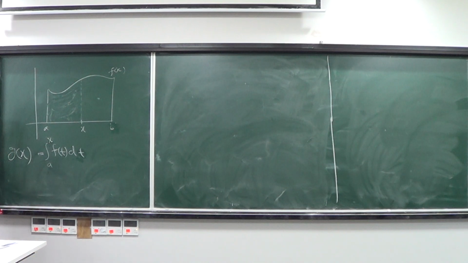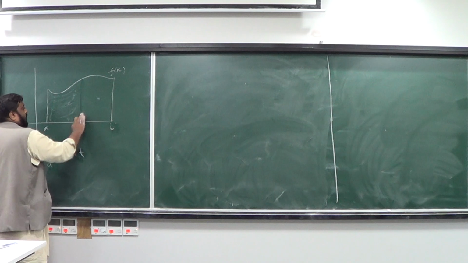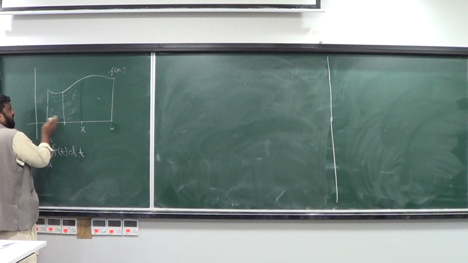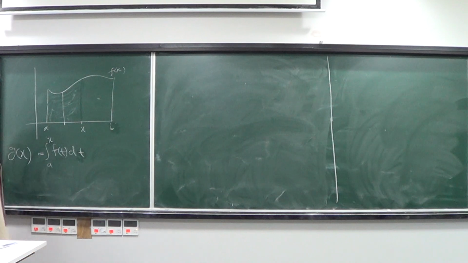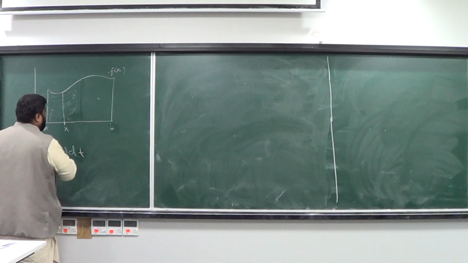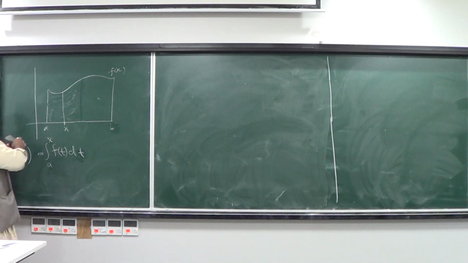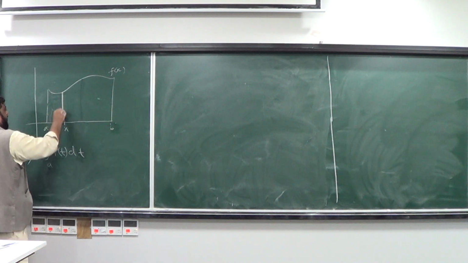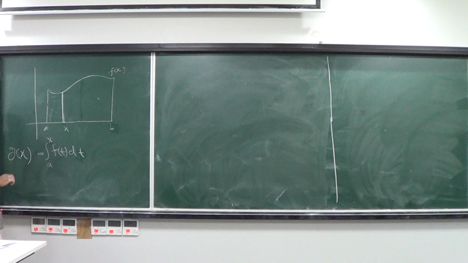By the way, if I choose this point here, this area is going to be small, so this part would not be included. But as I said, I can choose x to be anything.